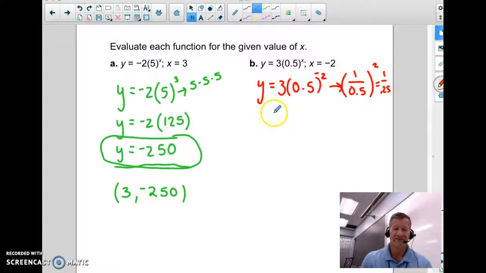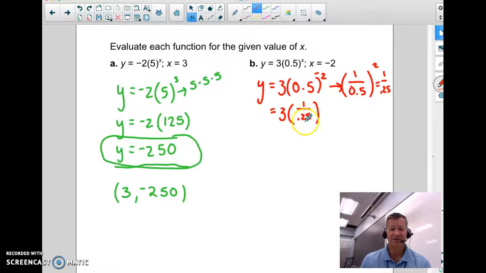So here's what we have. We have 3 times 1 over 0.25. Now in order of operations, we're usually taught to do what's in the parentheses first. So we can divide 1 by 0.25. Well, think about this 1 as $1, and this 0.25 is 25 cents.